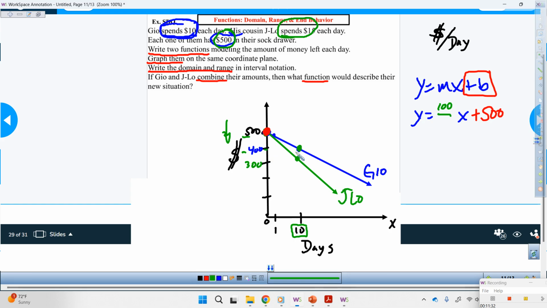And from 0 to 10 days, what is the run? 10. So, our function for Gio is f of x equals 100 divided by 10 is 10x plus 500.